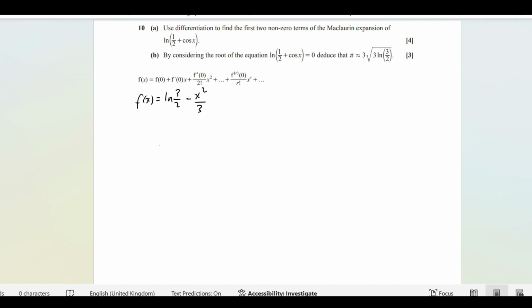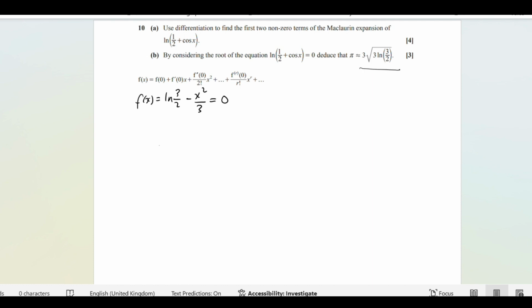The first thing that we should notice is that they have made ln half plus cos x equal to 0, and we know that f of x equals ln half plus cos x because that's what we did in the previous part, where we tried to write the Maclaurin expansion of that function. So what we're going to do is make this f of x that we found in the previous part equal to 0, and we have to try to deduce that pi is approximately this value here.